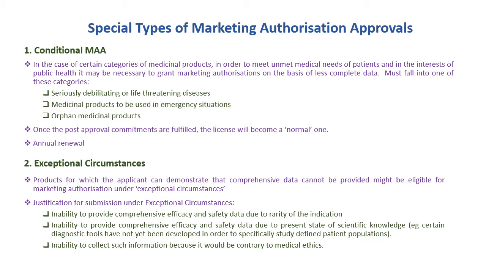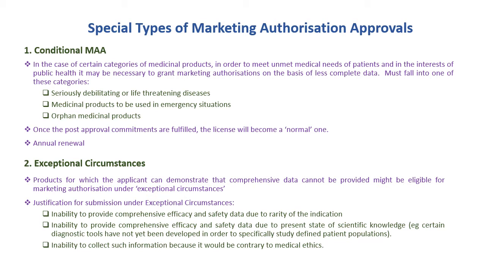There can be illnesses which are rare, and you don't have that number of people who have that kind of disease to go into your research phase or the phase 3 where the human trials are run. So if you don't have people for that, it may come under conditional MAA.